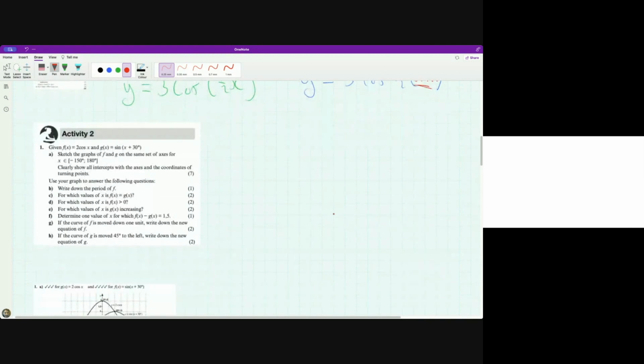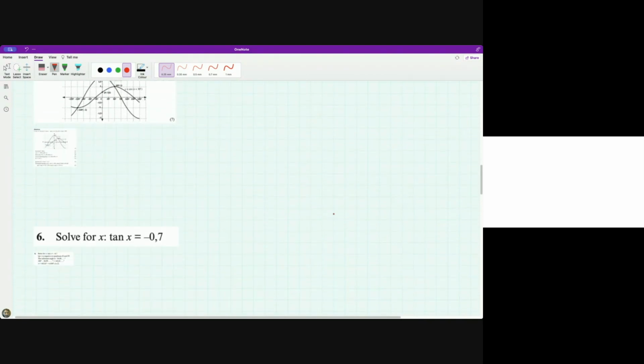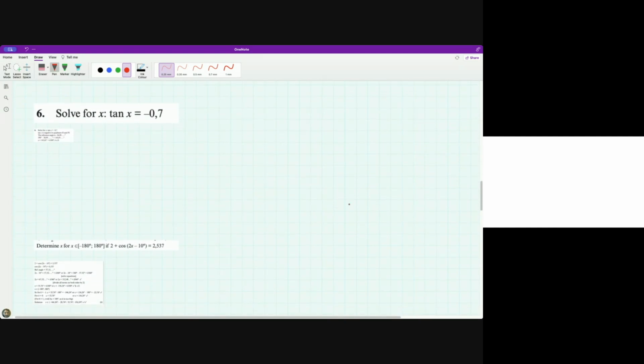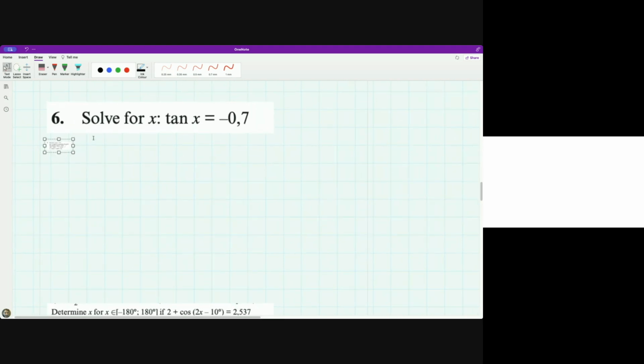What I'm going to do actually is I'm going to move on. I'm not going to do any more trig graph questions. You can practice that in your own time. I want you to practice some general solution questions. So your very first one that I would like you to do is I would like you to solve this trig equation for me, and it's a 3-step process.